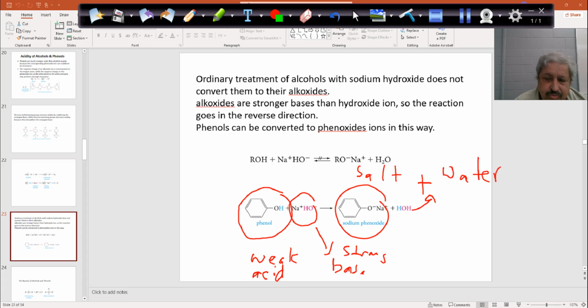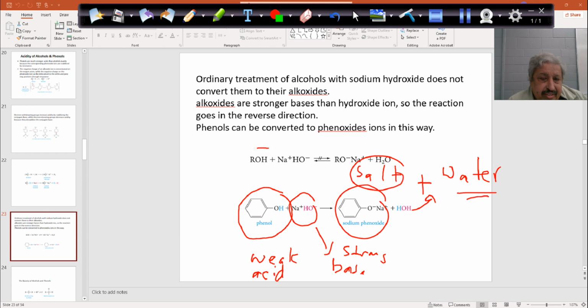So this is a typical acid-base reaction when it comes to phenols. Phenols are weak acids. They will react with strong bases to make a salt and H2O.